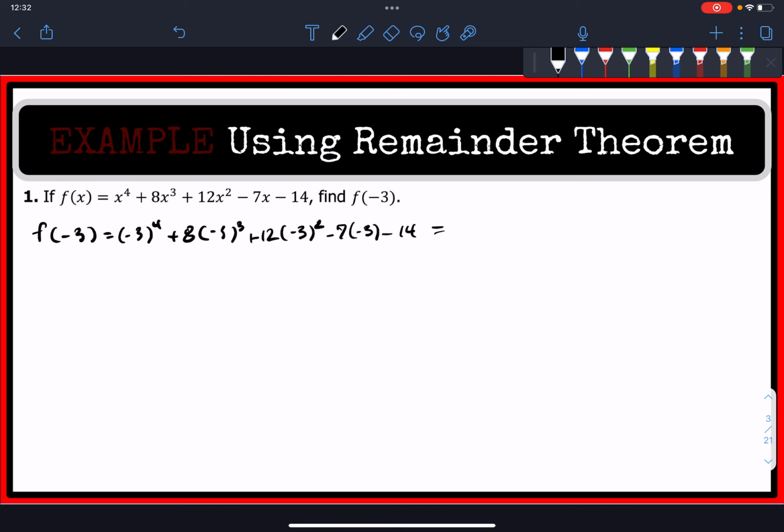Doing this the long and original way, by normal substitution, we would get that the value is negative 20. I'm doing all the work for us, but normally I would have to raise this to the 4th power, this to the 3rd multiplied by 8, this to the 2nd multiplied by 12, multiply this with negative 7, and then add and subtract all of these numbers together, and that's going to give me a total of negative 20.